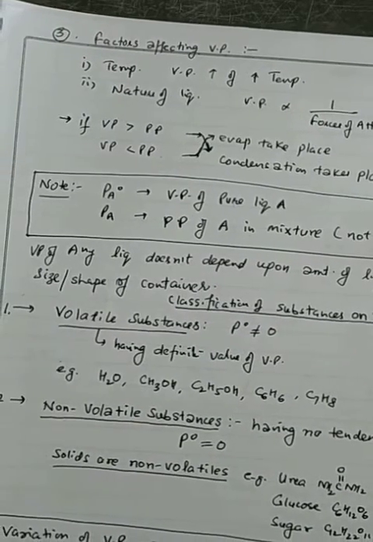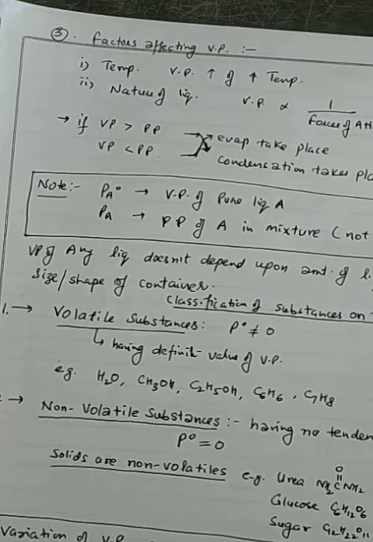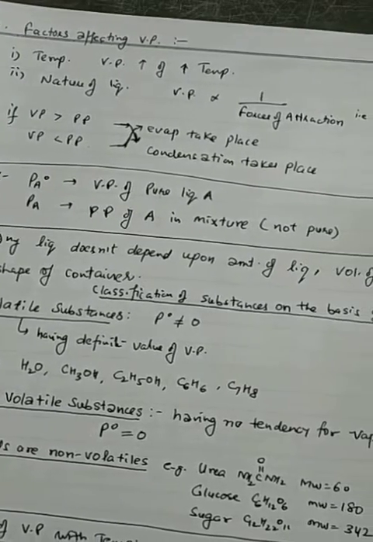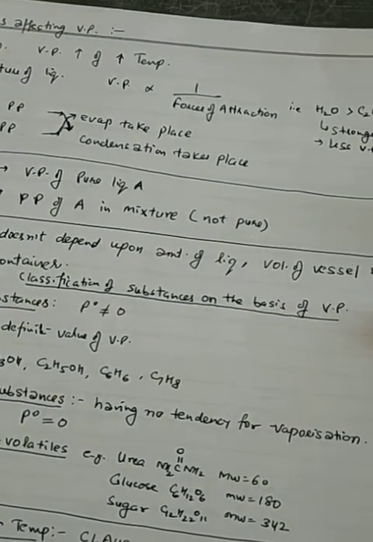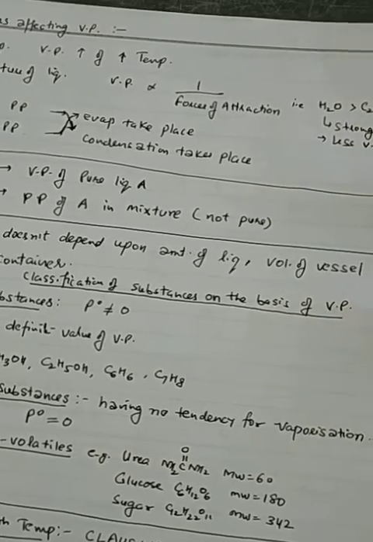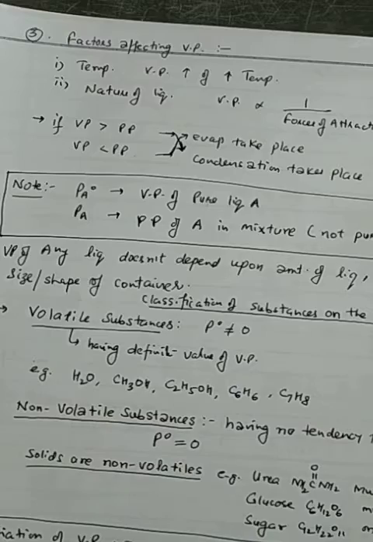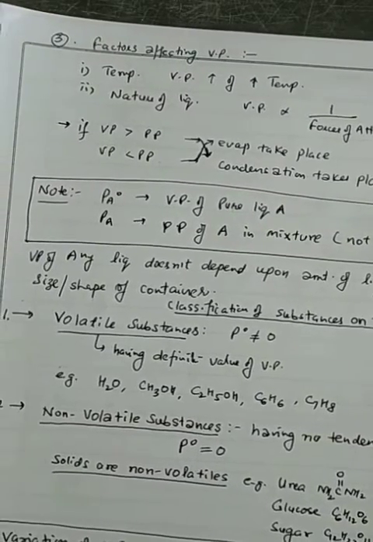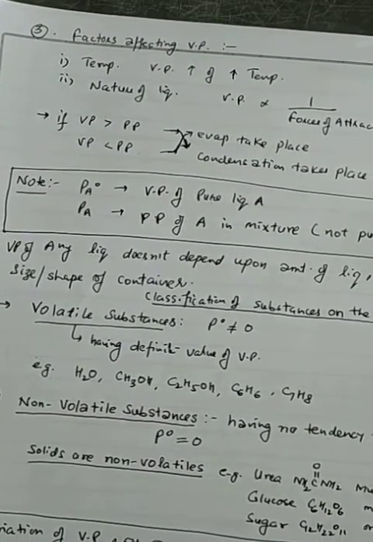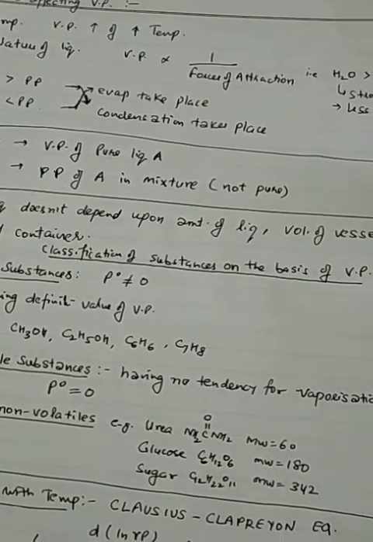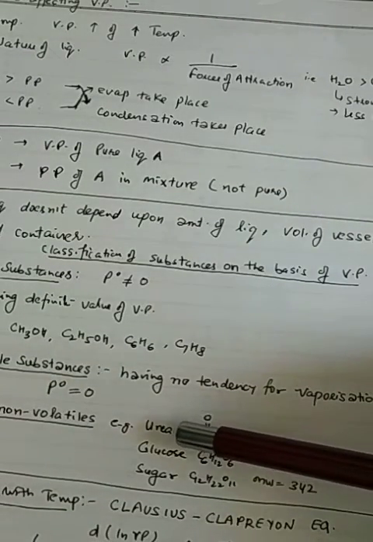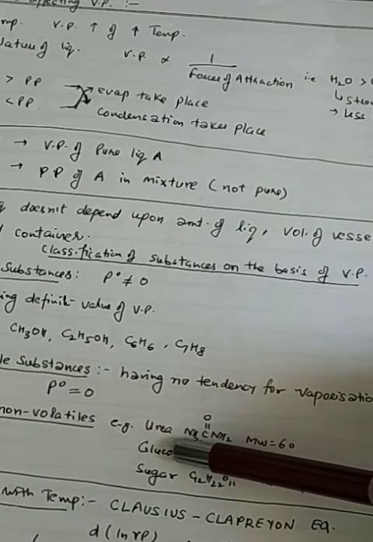Number 2 is non-volatile substances. Non-volatile substances have no tendency for evaporation. So in these cases, P0 equals 0. Solids are generally non-volatile substances. In most numerical problems you will find that urea is given, or glucose or sugar.